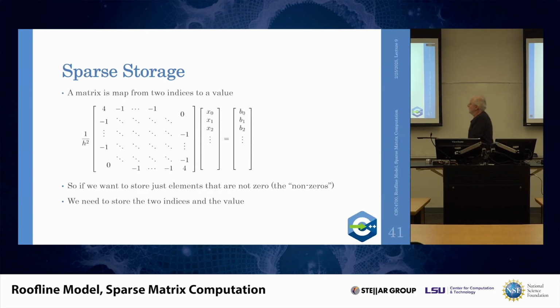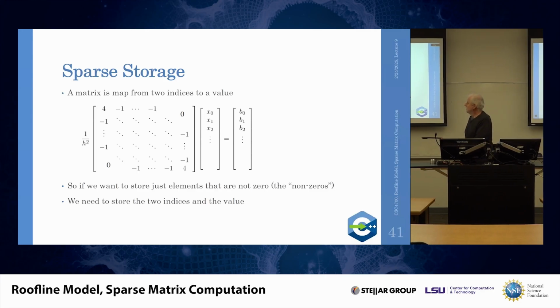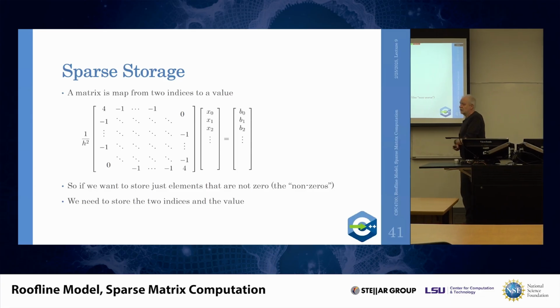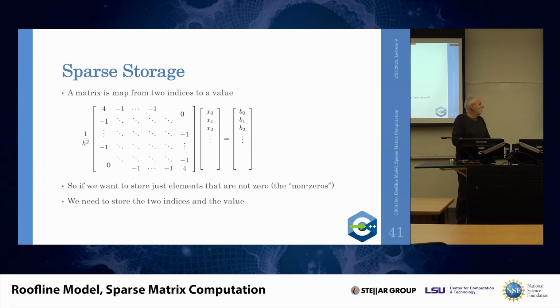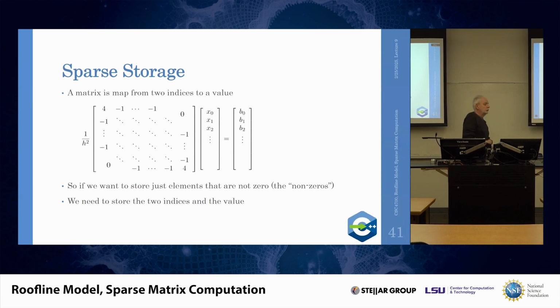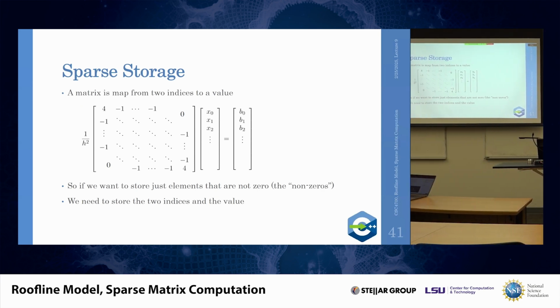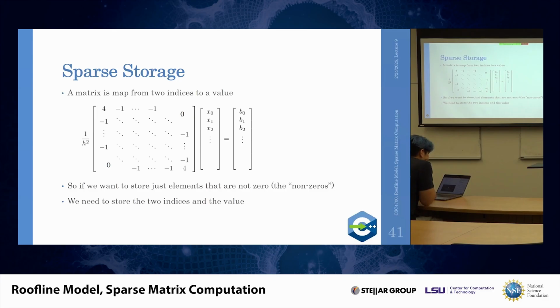Okay, so a matrix is a map from two indices to a value. If we want to store just the elements that are non-zero, we need to store not only the value, but we need to store the indices of that value as well, right?